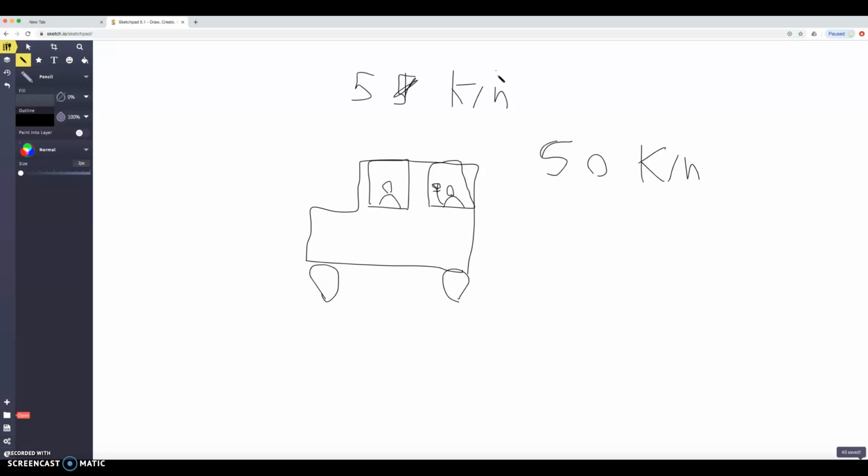And then there's also someone out here, who is watching, and he sees the baseball moving at 5 kilometers an hour, but it's in the car, so he would think the baseball is moving at 55 kilometers an hour.